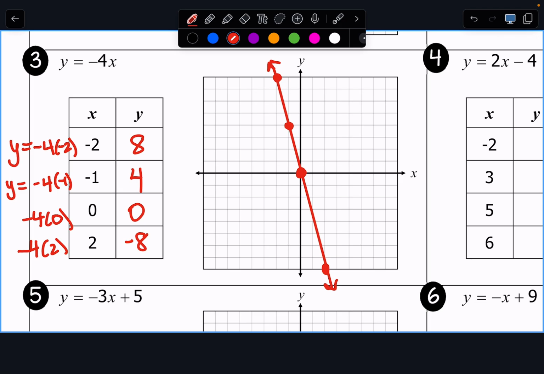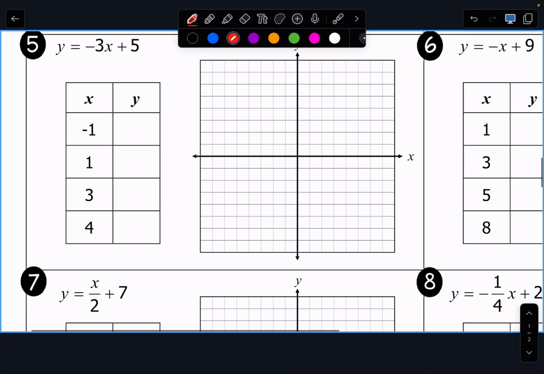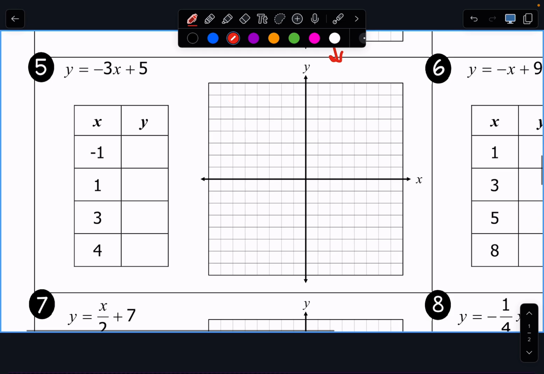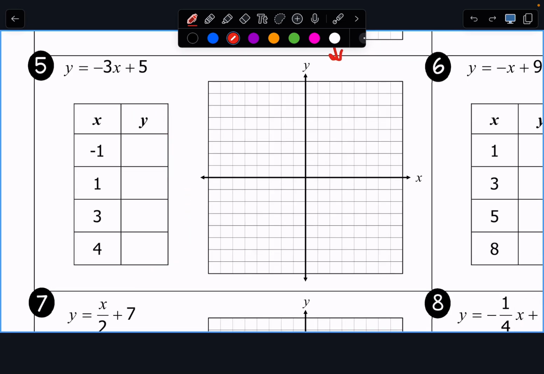All right, how about you take a moment and find me the y coordinates for number 5. If you want to work with your elbow partner, you go for it. If you need a calculator, you know where they are. Negative 3 times x plus 5.